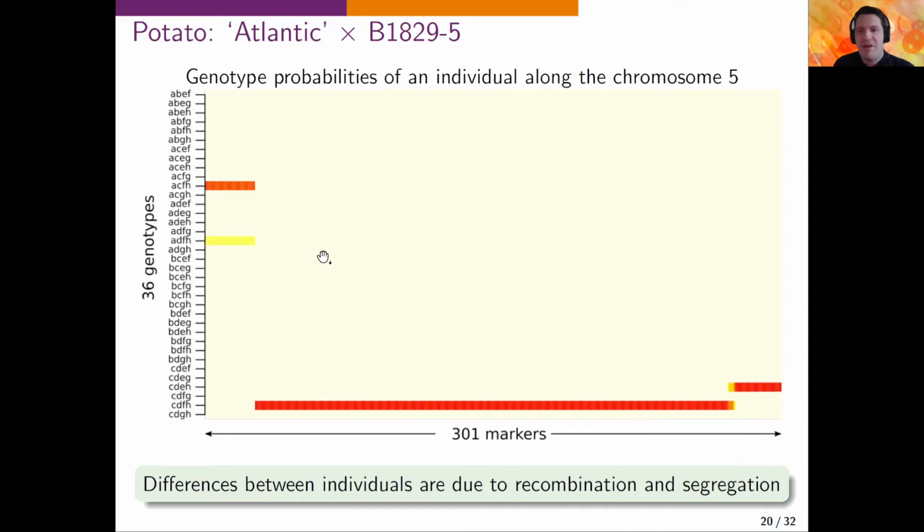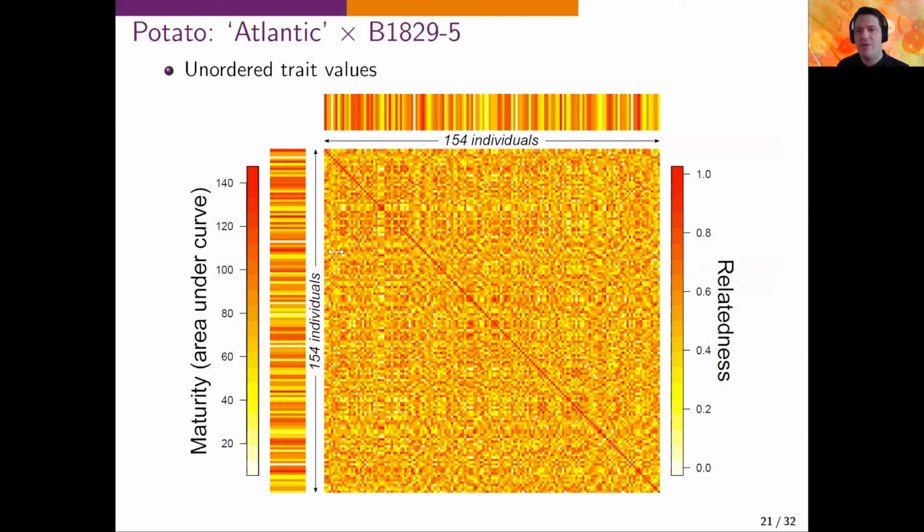And here we have the additive relationship matrix computed based on the genotype probabilities at a specific marker on linkage group 5. And I'm going to talk about this location soon. We also plotted the phenotypic values here at the top and on the side.